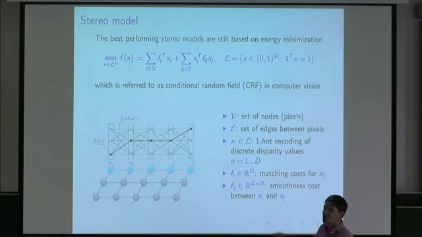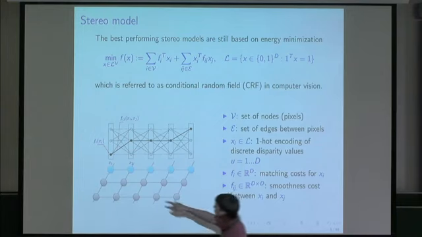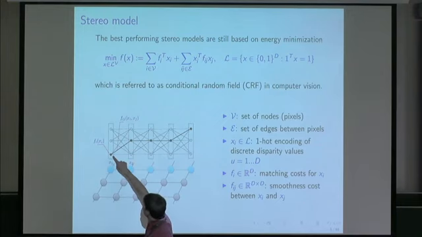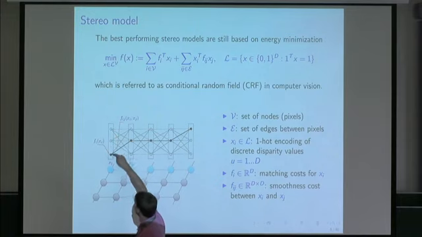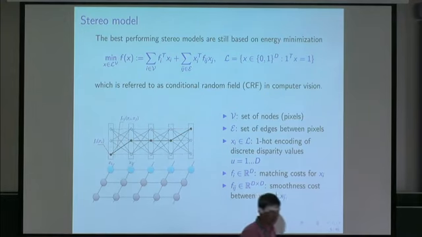So Fi is the unary term for the vector xi, and xi is a one-hot encoding of the disparity. So, for example, if the disparity is 1, the vector will be 0, 0, 1. If the disparity is 2, it will be 0, 1, 0, and so on. So it uses a one-hot encoding.